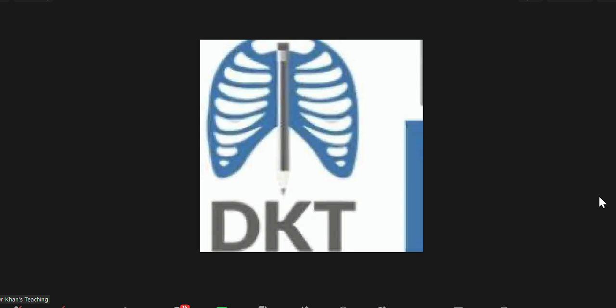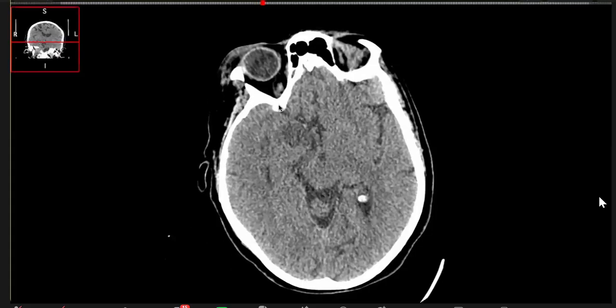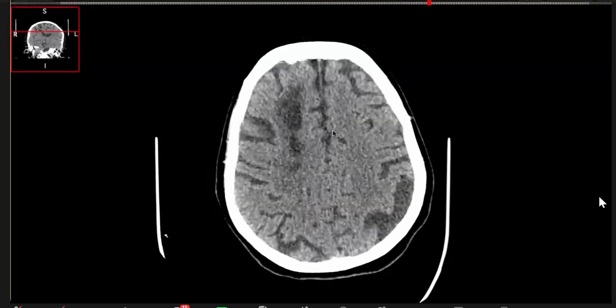As we come here, we can see this mass which is extending on the right side. Sorry, I think you cannot see my screen. So this is the first CT on which we can see that there is that old infarction.